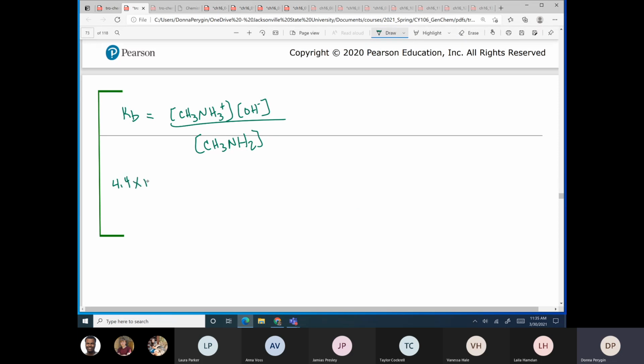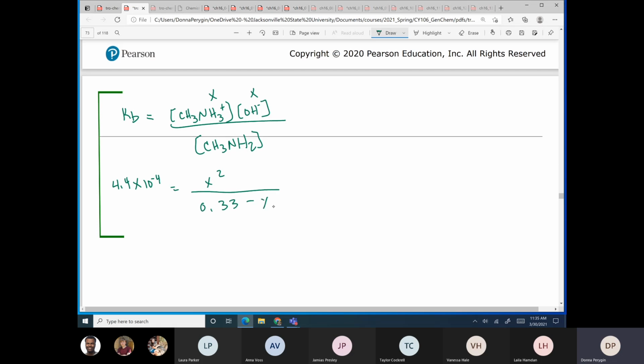4.4 times 10 to the minus fourth is equal to X squared, because that's X times X here, over 0.33 minus X. Now this problem would be hard to work if we didn't make the X is small approximation. So we're going to say that X is small, so X is essentially 0. So solving for X, I'm just going to multiply both sides by 0.33.